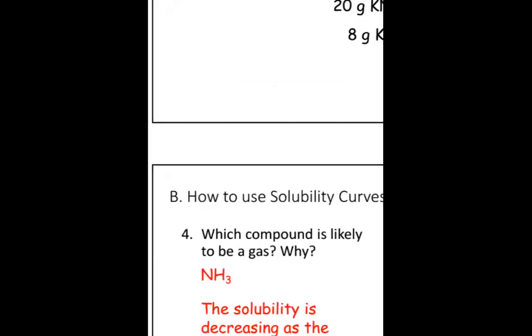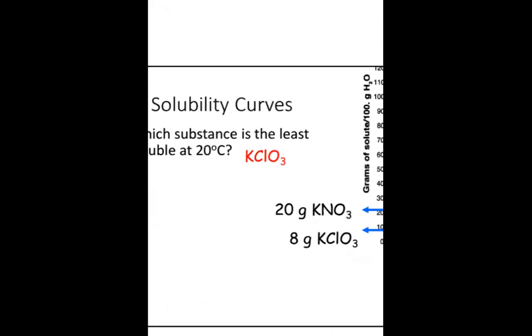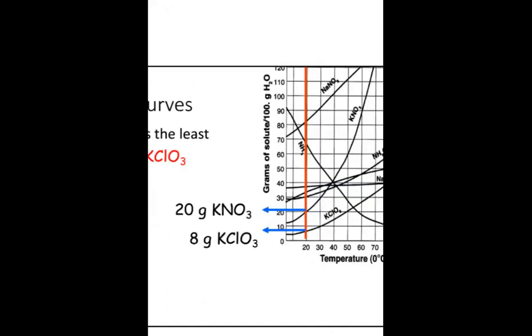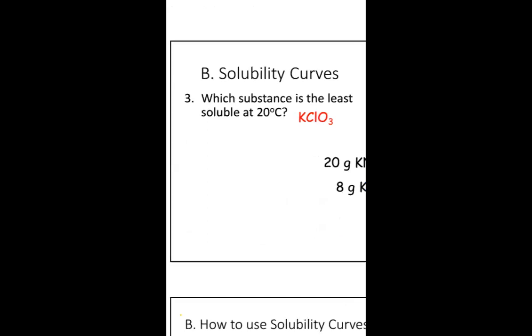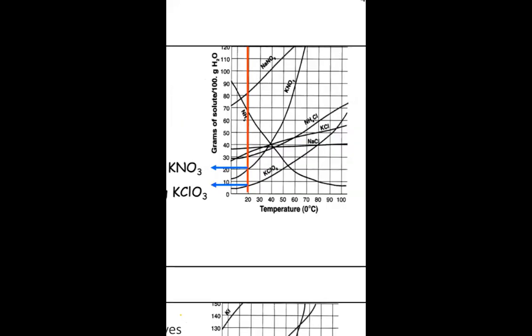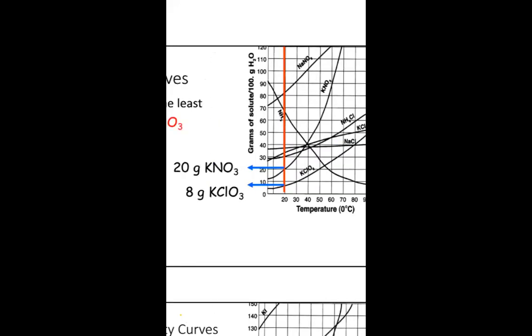Okay. Let me take this example for the last time. The question says, which substance is the least soluble at 20 degrees Celsius? That's from the graph, right? So what we do is move to the graph and check which salt is going to be the least soluble.